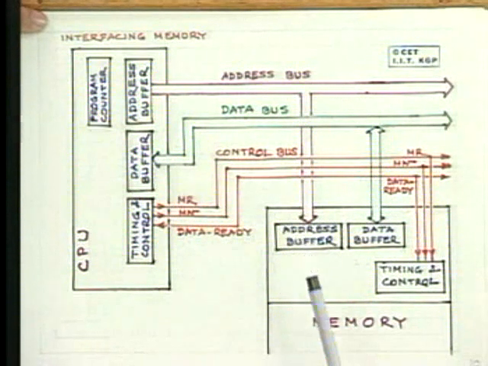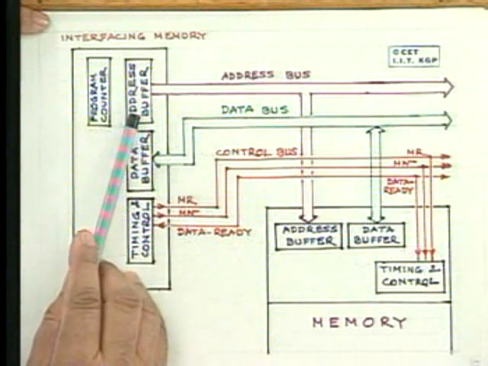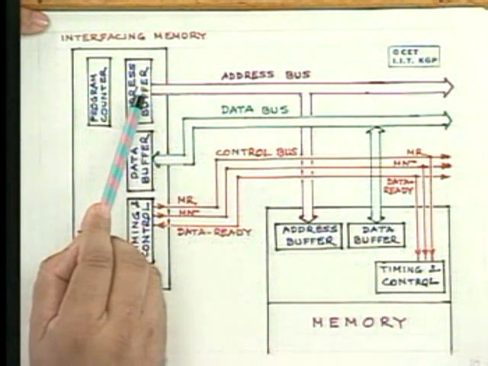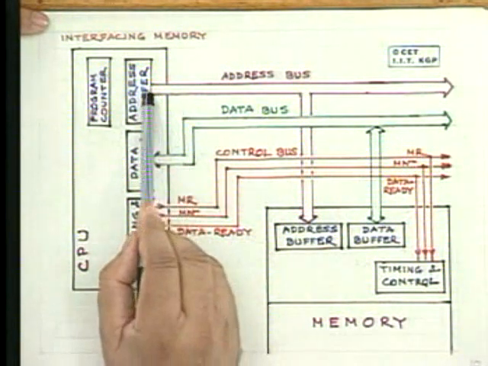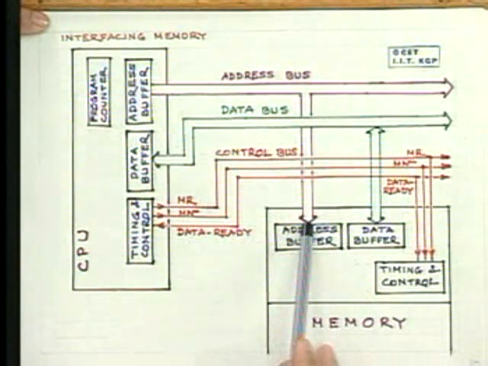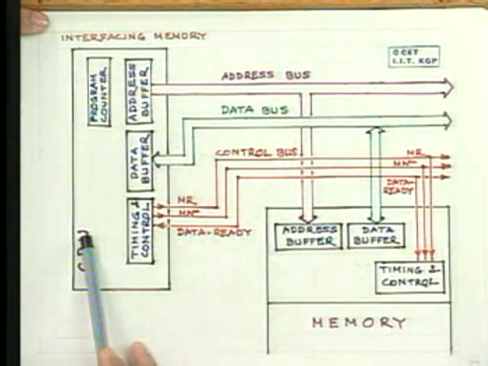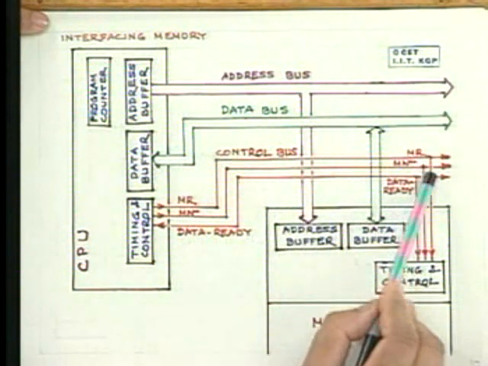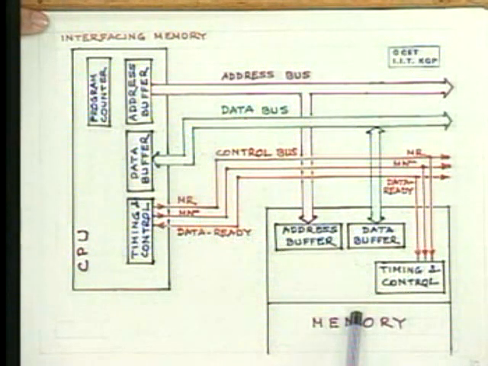Just to give an example, in the instruction fetch state, the program counter content is transferred to the address buffer. Then the address is thrown into the address bus. The CPU says, through the memory read control line, that it wants to read the content of a memory location.